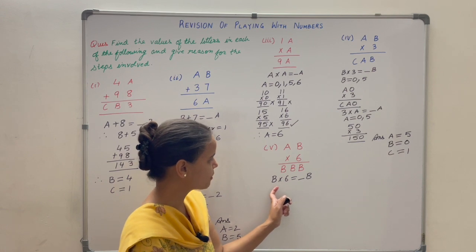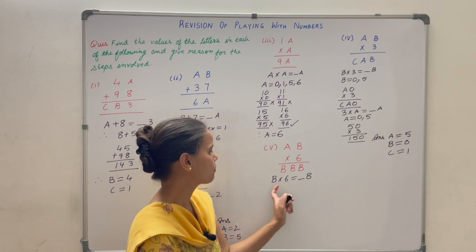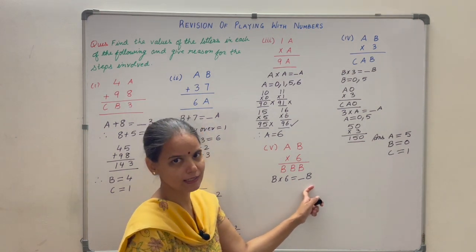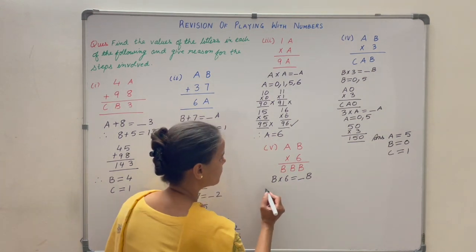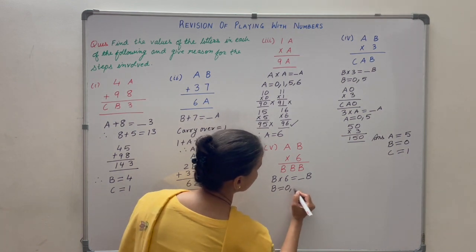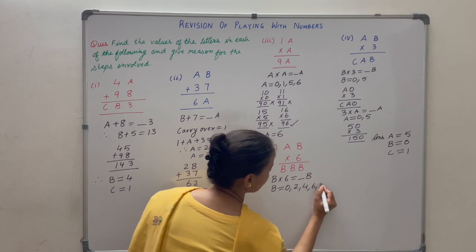And if you put the value of B as 6, you get 36, 6 is in the units place. If you put the value of B as 8, you get 48, so 8 is in the units place. So let us write down all the possibilities of B. So the possibilities for B are 0, 2, 4, 6 and 8.